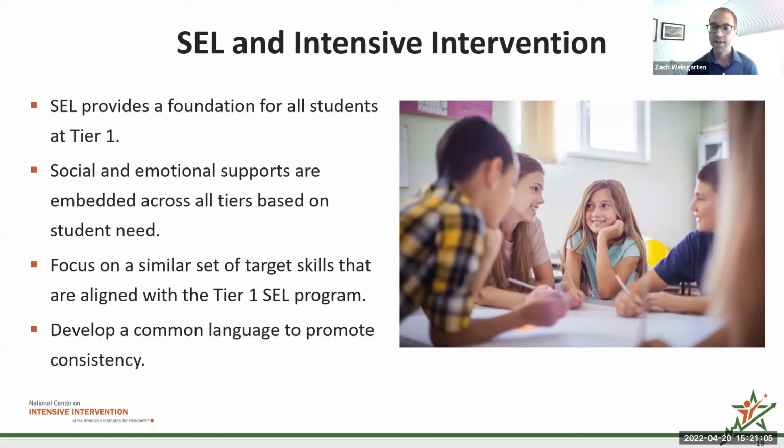And so rather than having a social skills group that's meeting and not being connected to the tier 1 curriculum, we want to make sure that any more targeted or intensive SEL supports really are well aligned with what's happening in tier 1. So those are some starting points to think about this connection between SEL and intensive intervention and how it could benefit students across the tiers.